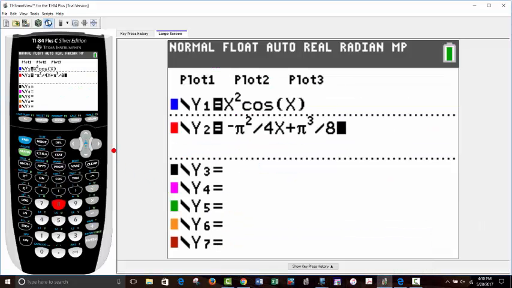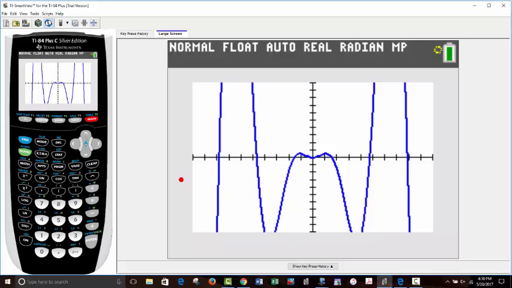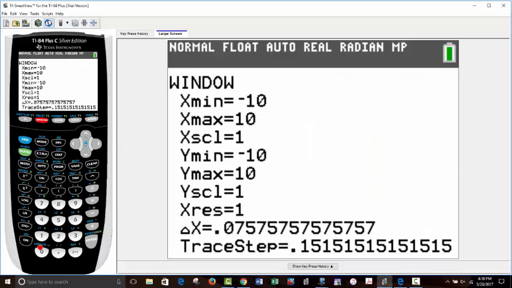So let me see. Oh, you know, I'm going to change the scale. Let's change the scale to make these in terms of pi, because we're only interested in pi over 2.